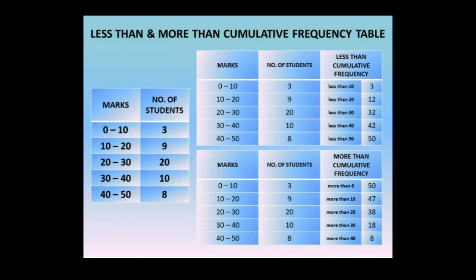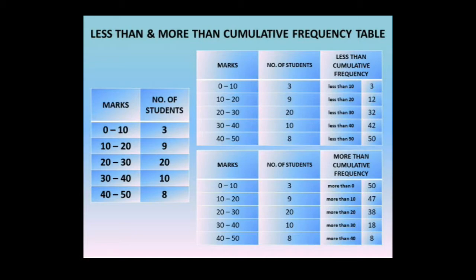Now next is less than 40. When you consider less than 40, it is going to be all the students who got marks in between 0 to 40. That is 0 to 10, 10 to 20, 20 to 30, 30 to 40, all put together. So we are going to have 3 plus 9 plus 20 plus 10, that is 42.